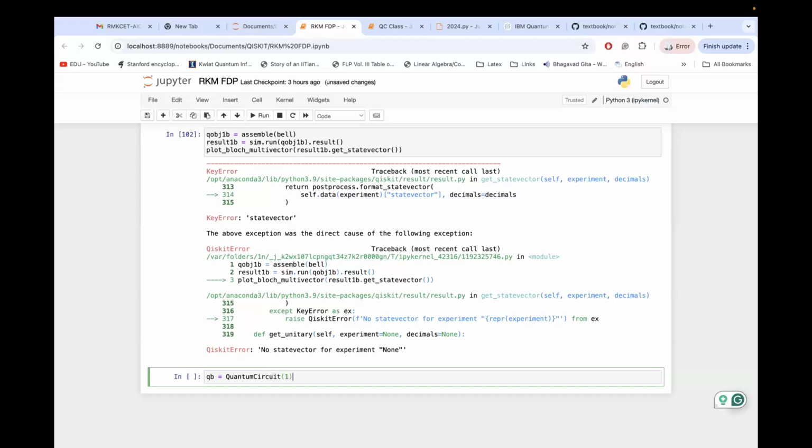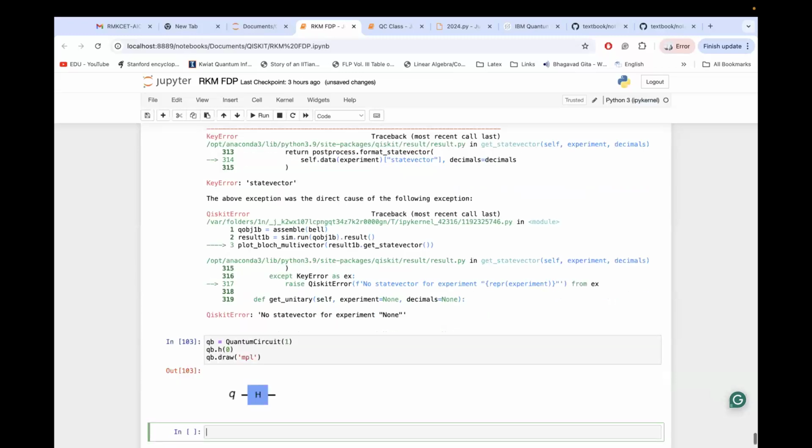The name is QB, and then applying QB dot Hadamard operator to the first qubit, right? And then QB dot draw. So this is a very simple circuit with only one qubit, and I'm just applying the Hadamard operator.